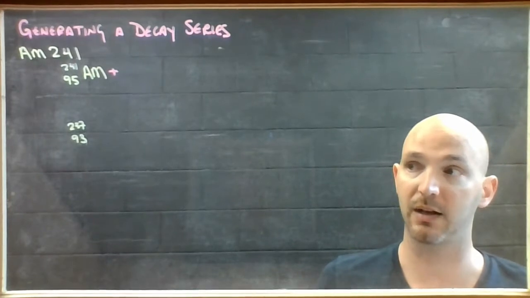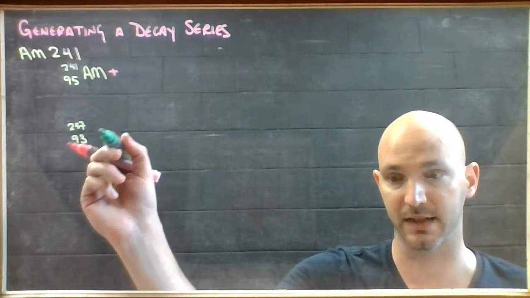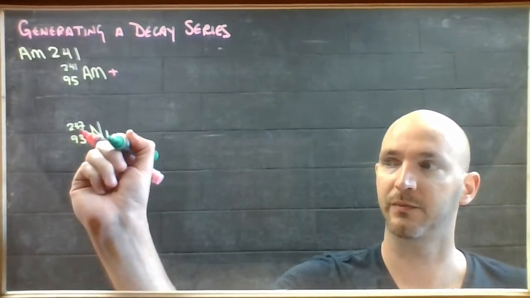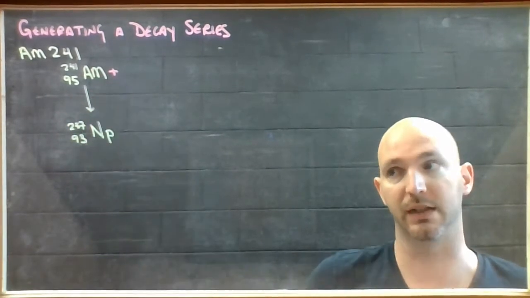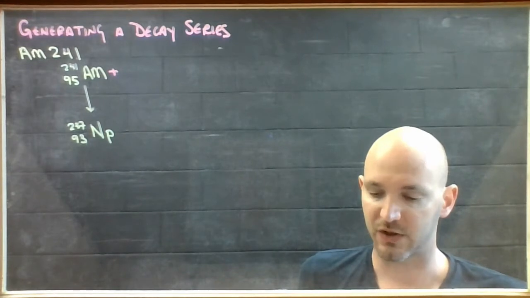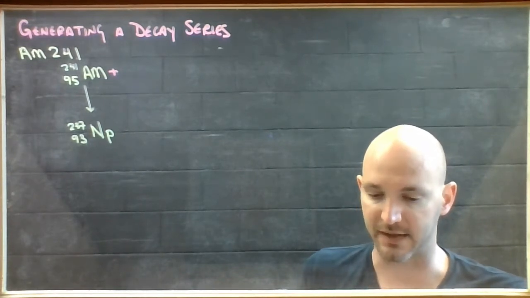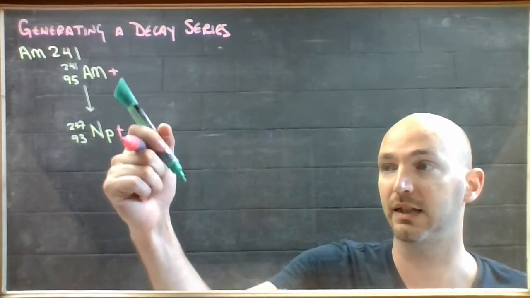And so if I look up the chemical with 93 in the periodic table, I get neptunium. So this americium-241 is now neptunium-237. So I'm going to check my list to see if neptunium-237 is an alpha emitter, and indeed it is.